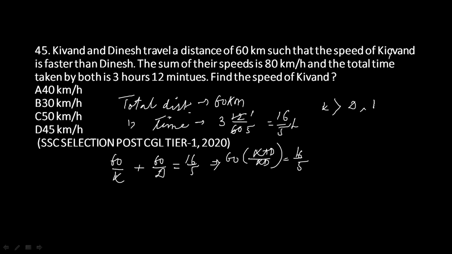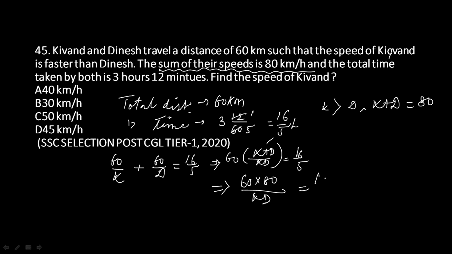One more thing is given, that k plus d is equal to 80. The sum of their speeds is 80 km per hour, right? So it will be 60 into 80 by kd is equal to 16 by 5. So kd is equal to 60 into 5 into 5.